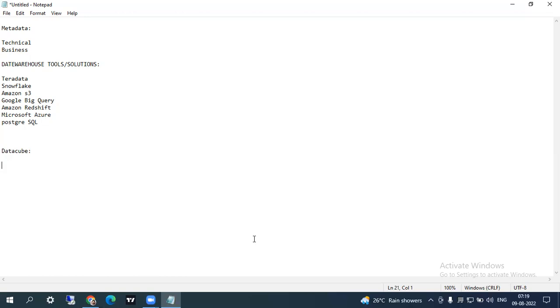Okay. A flat file is where we store the data in two dimensions. When we say flat file, the data is stored in two dimensions. And if an additional third dimension is added, then we call it a data cube.